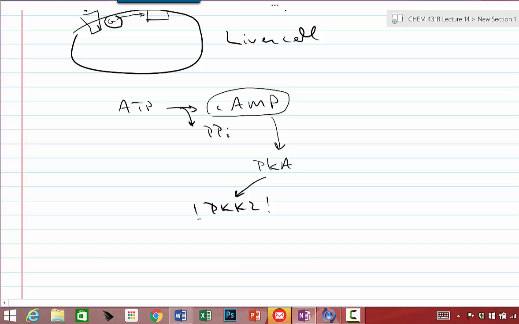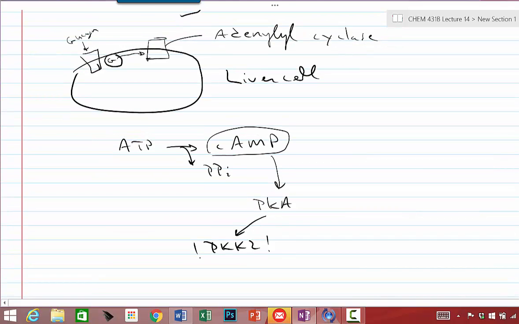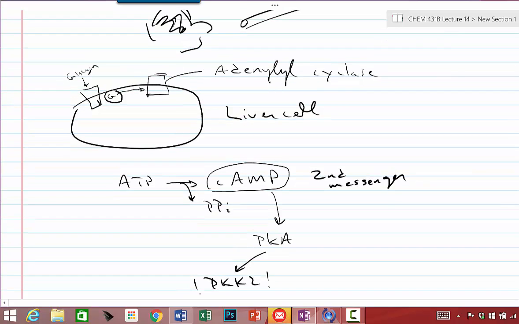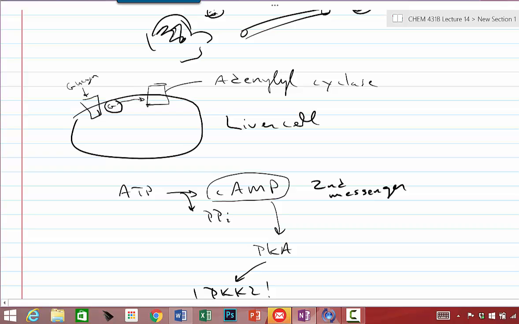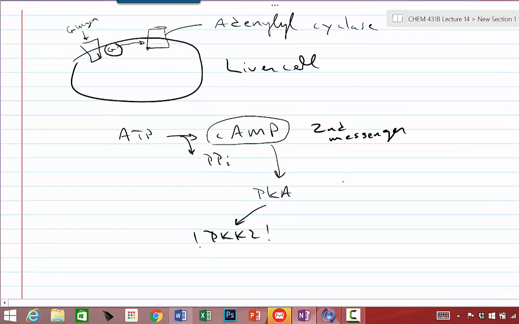And so that's how the glucagon thing works. We call the cyclic AMP a second messenger. And this whole scenario, where glucagon binds this receptor, activates this G protein, which activates this adenylyl cyclase, that whole thing is called a signaling pathway.